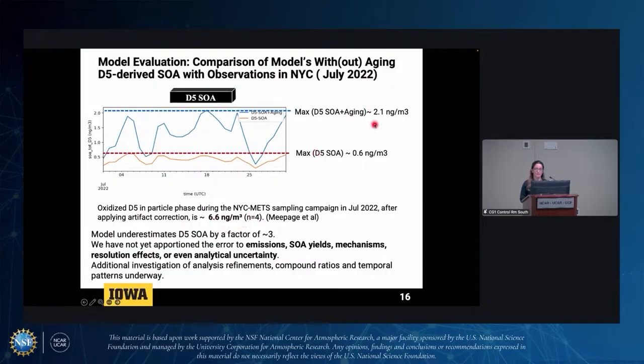So both models underestimate D5 SOA, by a factor of 3 for aging. Aging is doing a better job of capturing the D5 SOA, but we have not yet apportioned the error to emission, SOA yield, mechanism, resolution effect, or even analytical uncertainty. We are working on that.